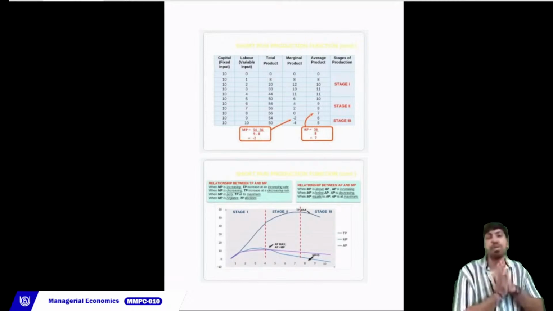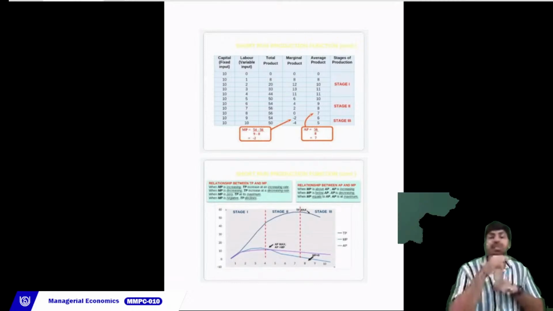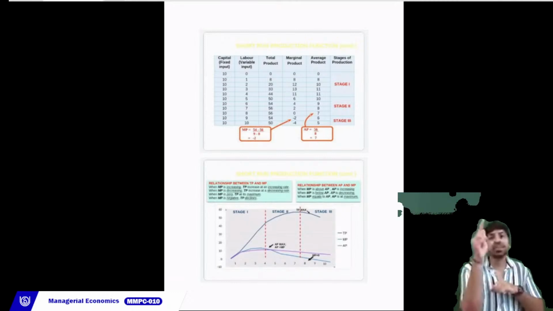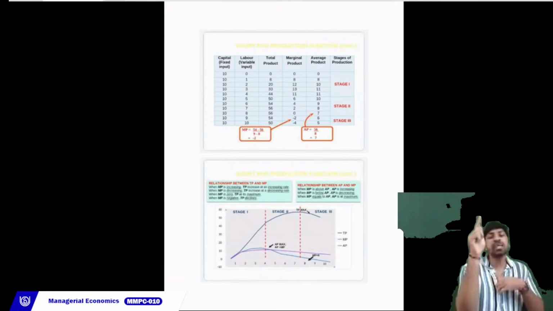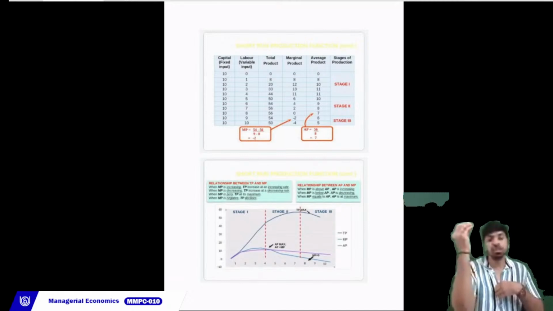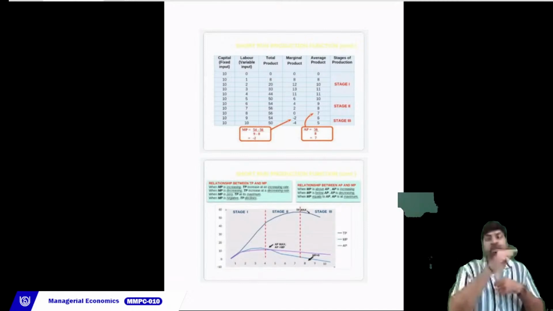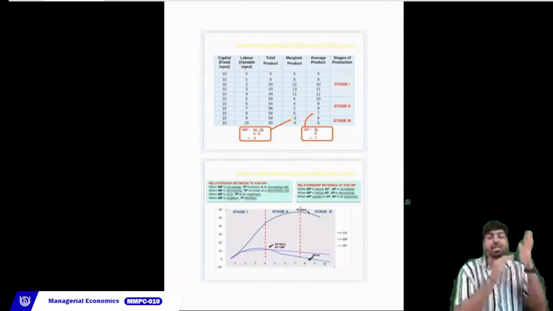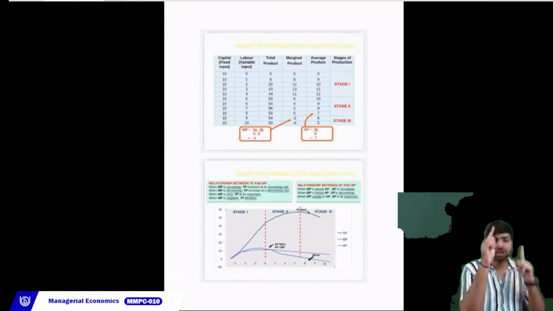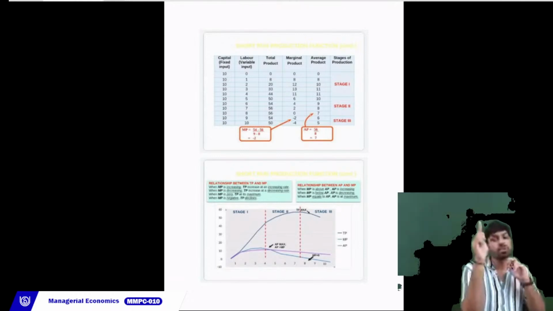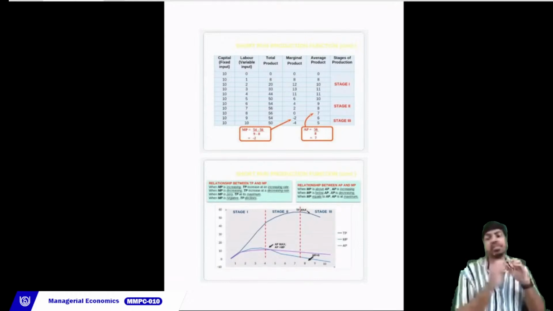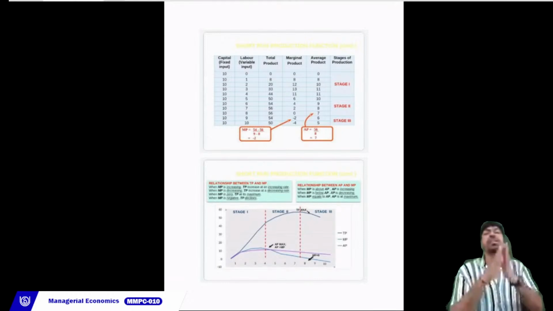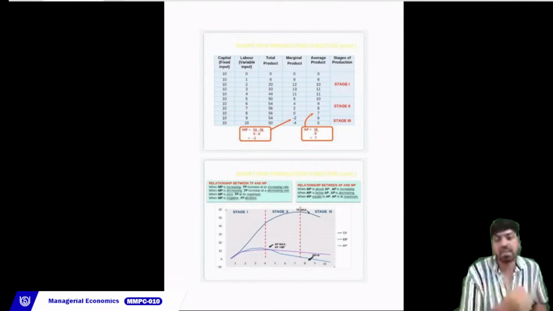So when TP increases at an increasing rate, it is stage 1. It reaches a point where it remains constant, that is stage 2. Then it starts declining, that is stage 3. So once it increases at an increasing rate, it's stage 1, then constant is stage 2, then declining is stage 3. This is the graphical representation you can see on the screen.